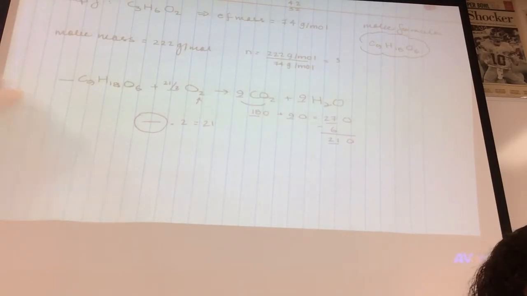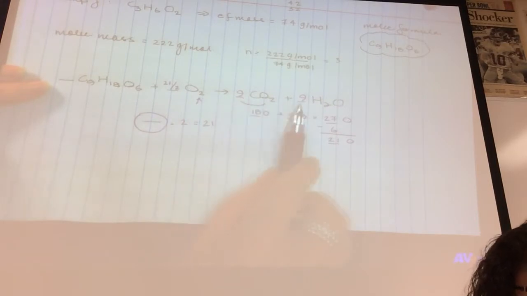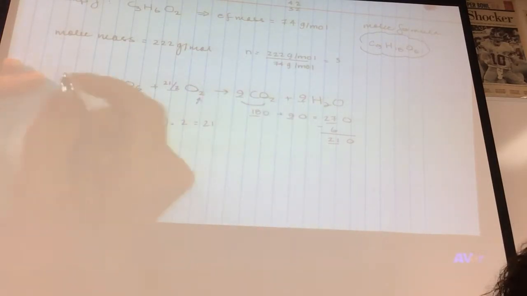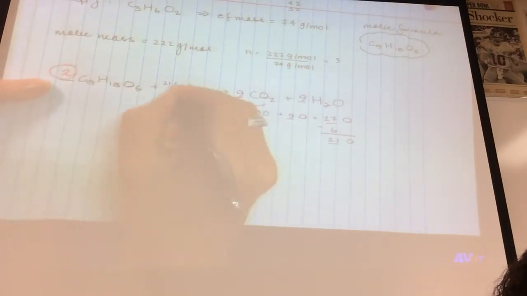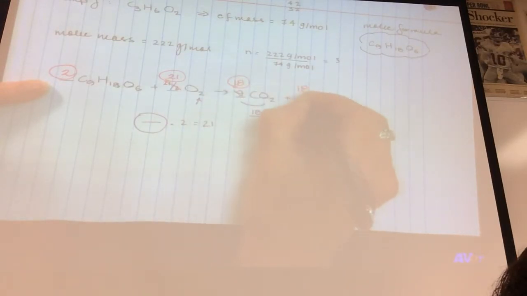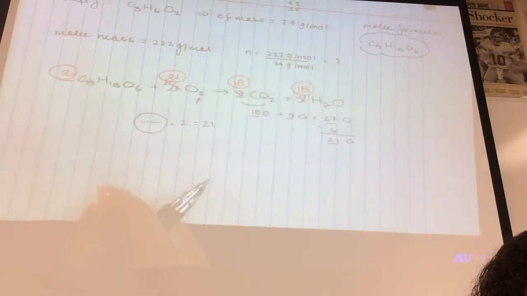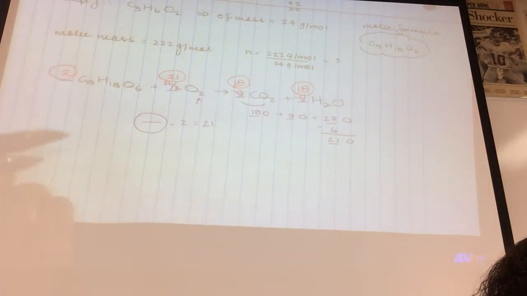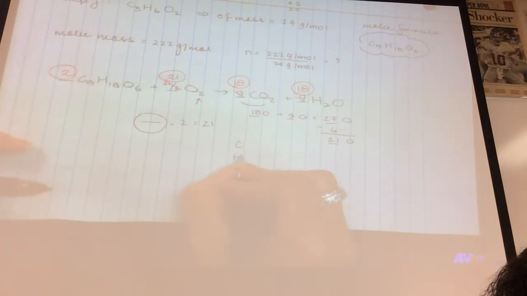So we're going to multiply each of these by 2. That's going to make 2. Don't forget this first one. That's the common boo-boo. 21, 18, and 18. And you may want to recheck your numbers to be sure that you are in fact balanced.